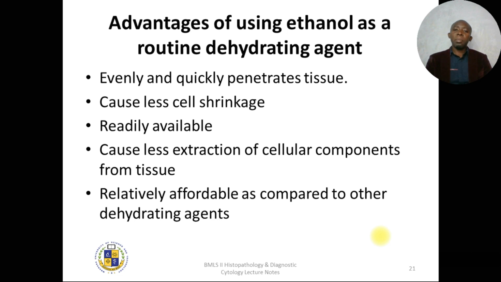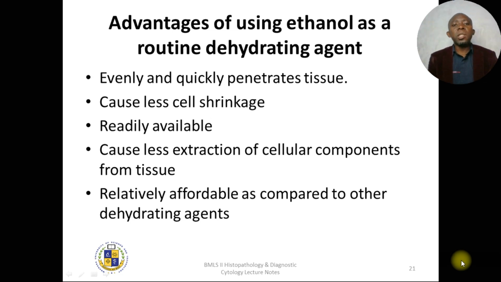And this is very important because we need to examine the cells which have their morphology maintained almost similar to the state in which they were before they were removed from the body. And then number three, it is readily available. So it is always good to use reagents which can easily be got, so for continuity, instead of getting something and then you cannot get it again.